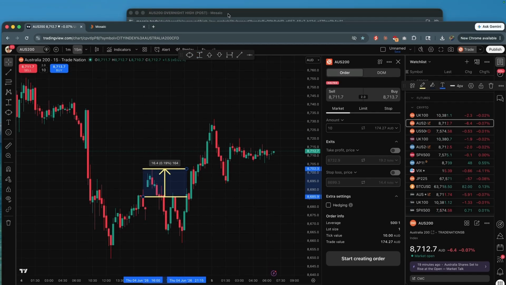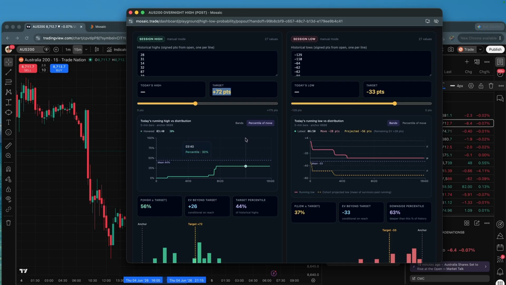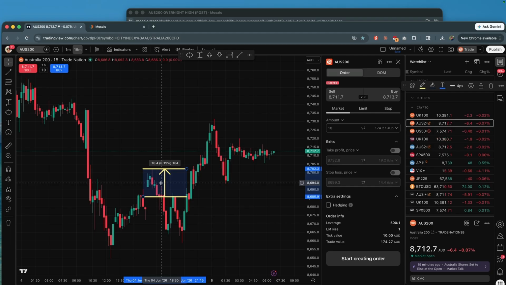Okay, so just going back to the model here, it's saying that the mean when that happens is about 72 points to high, okay? And we're currently sitting at 16 points at that point. So you can see here at that time, the percentile was somewhere between 0 and 4%. So the lowest 4% out of that entire distribution was this high here.